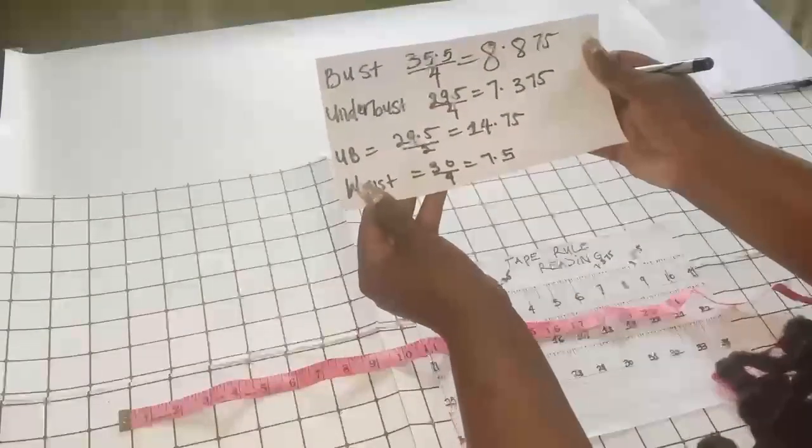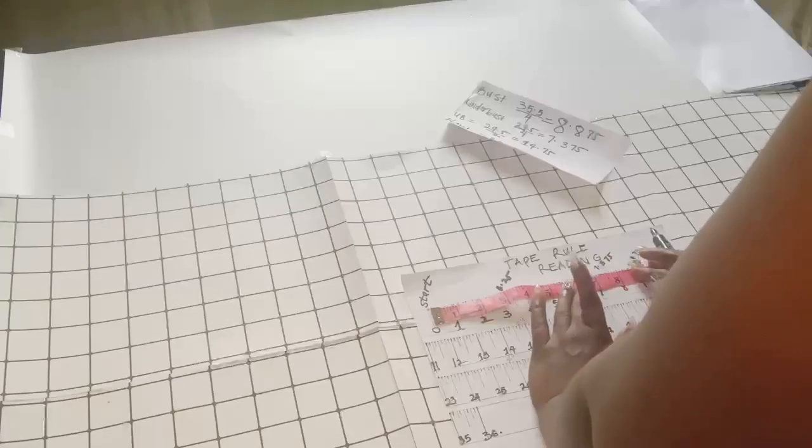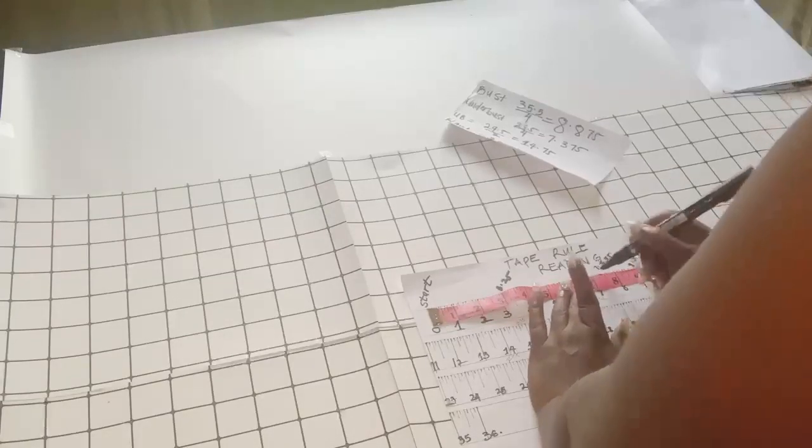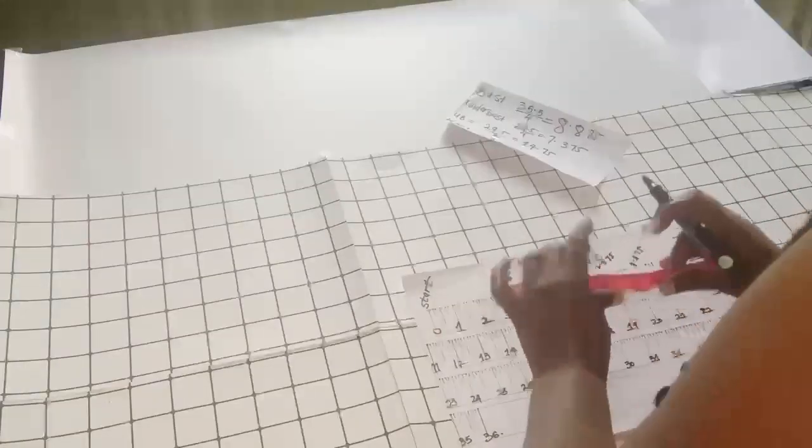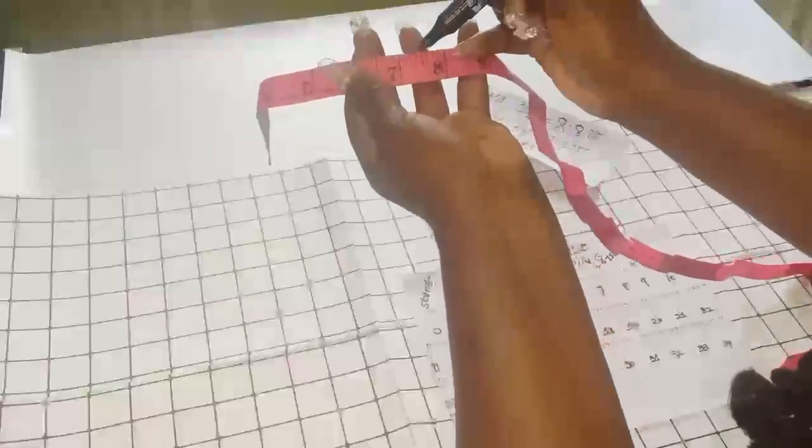So the last one is the waist. This one is pretty easy. We have a waist of 30, divided by 4. Once you divide that by 4, you have 7.5. So we go to the line of our 7 inches. This is 7 inches here, so this is our 7.5. This is pretty easy to get.